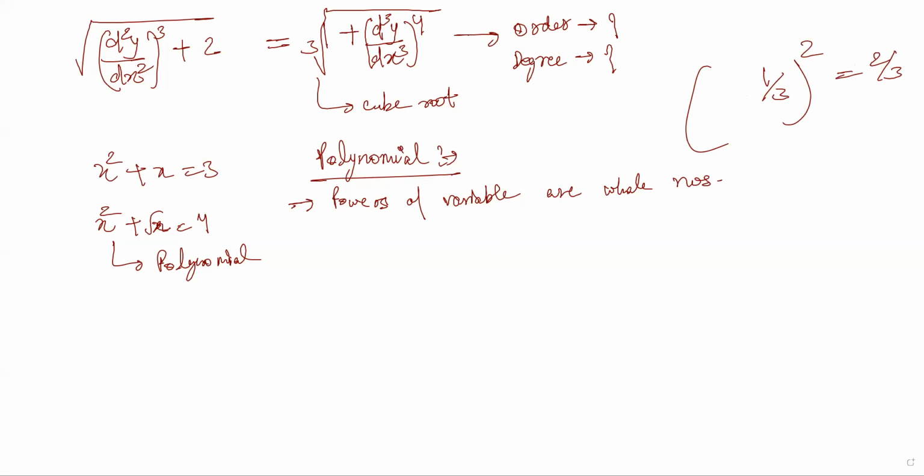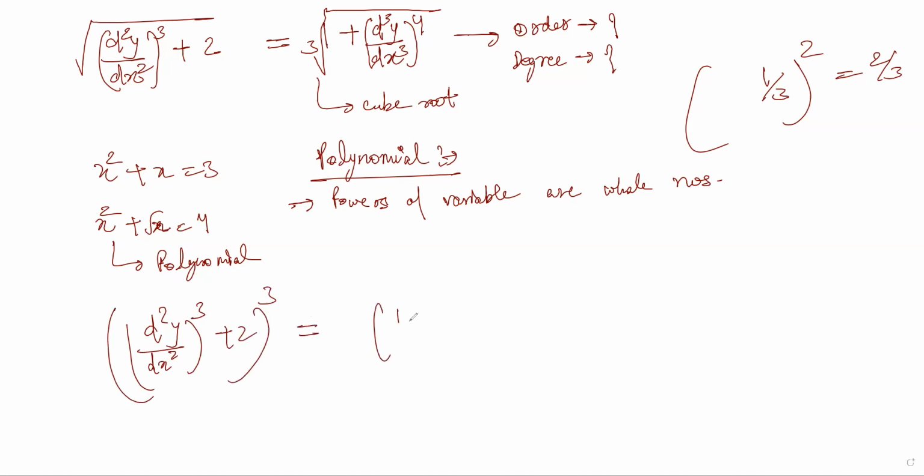If you take power 6, it will also be solved: power 1 by 2 and power 1 by 3. So let's take power 6 on both sides. So this will be (d2y by dx square) whole cube plus 2 to the whole power 3.